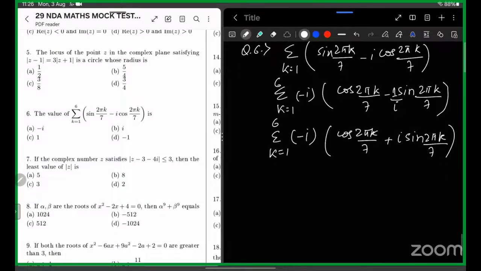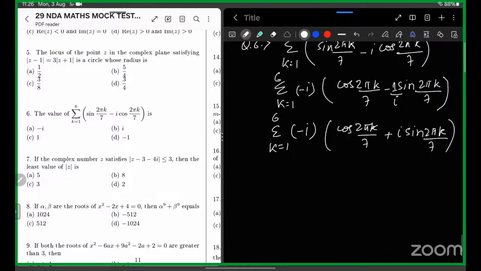Now, in exponential form, I can write it in this way. Minus iota, I can write it in summation form like this, k equal to 1 to 6.